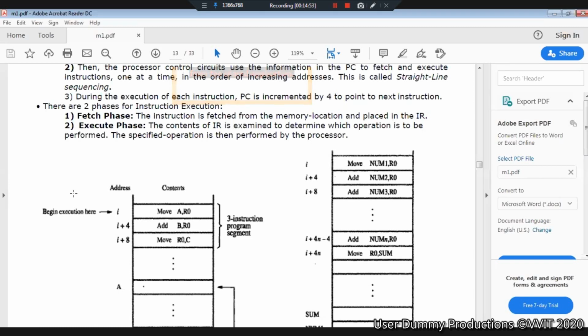So what is the 1004th instruction? Add B, comma R0.